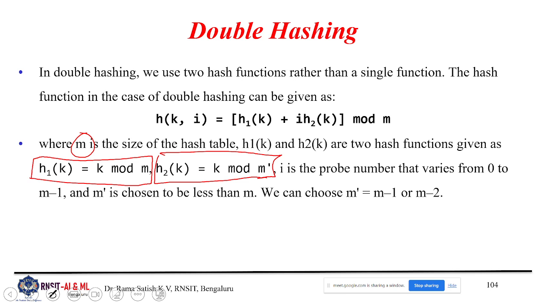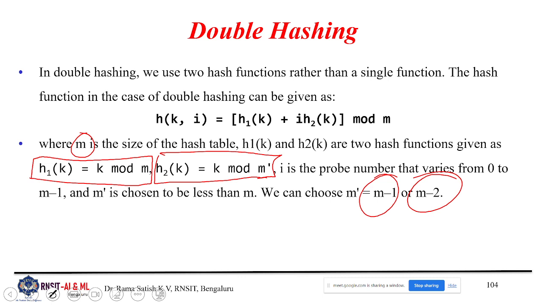M dash is nothing but another number. Usually it is either m minus 1 or m minus 2. That is left to the designer or the programmer. You can choose any one, m minus 1 or m minus 2.